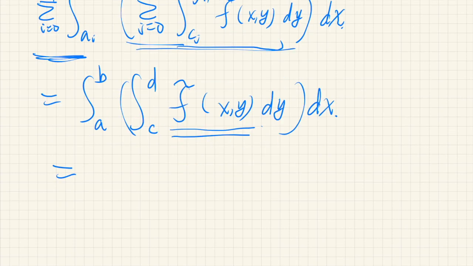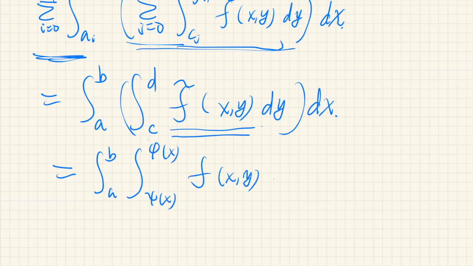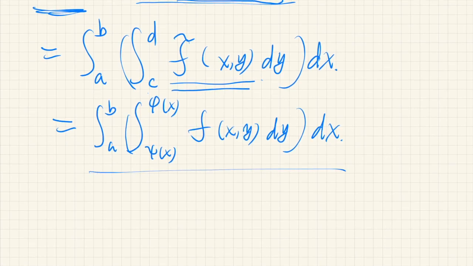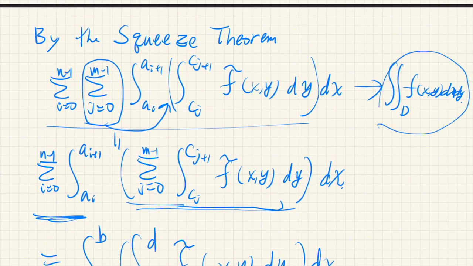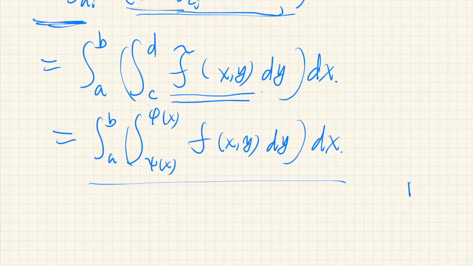So this should be equal to the integral from a to b, where the lower bound, possibly non-zero, is psi of x, and same for this one, the upper bound phi of x, of f of x and y dy and dx. And so, after all, this is equal to this, and we are done.